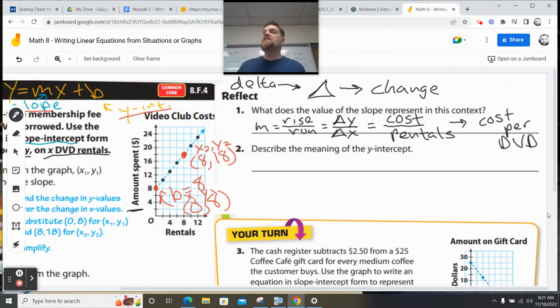So even though you guys kind of know the math part, like how to write the equation and how to look at the graph, we always have to go back to the context from which it comes and think about what that represents. You already answered the second question: describe the meaning of the y-intercept. What did we say the y-intercept represented?